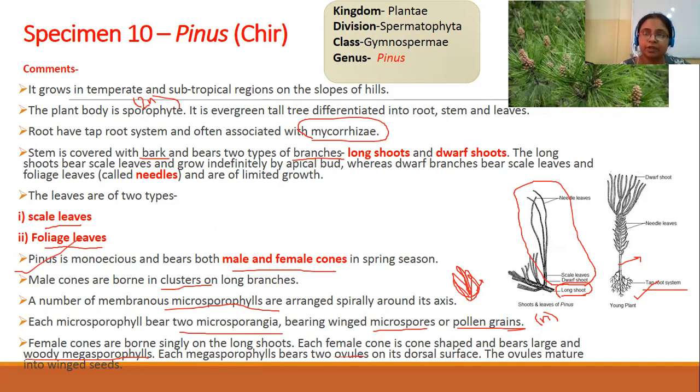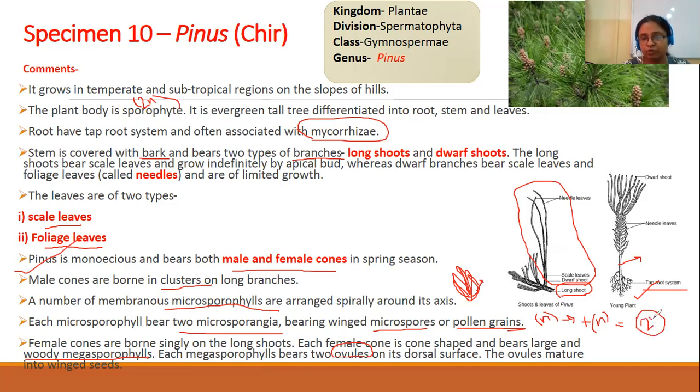See what will happen at the time of fertilization. These pollen grains will germinate, and they will carry the male gamete. This male gamete will fuse with the egg. This egg is contained inside the ovule, and when this fusion of male and female gamete takes place, this process we call fertilization, and with this, what will form?